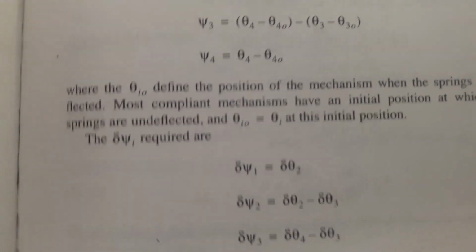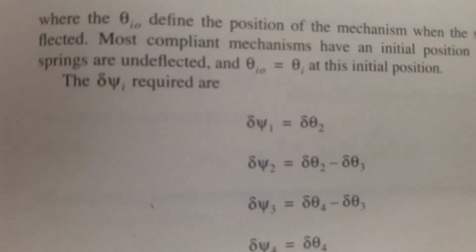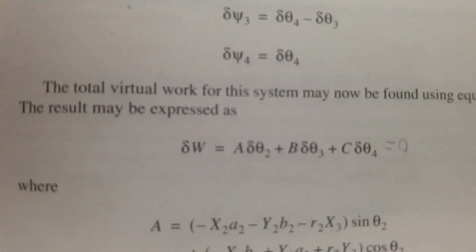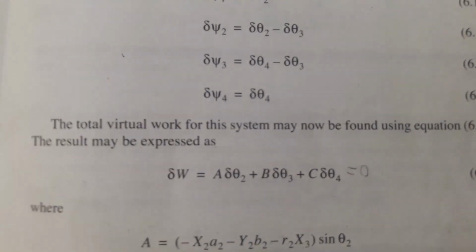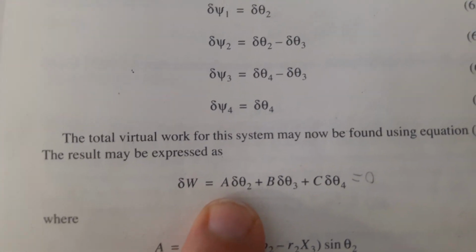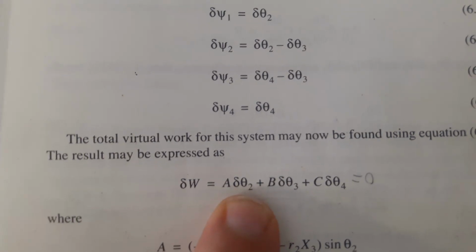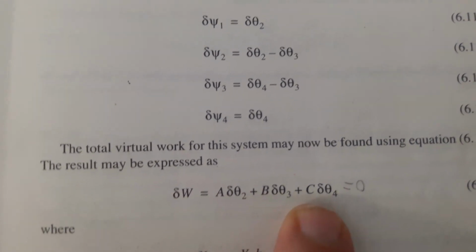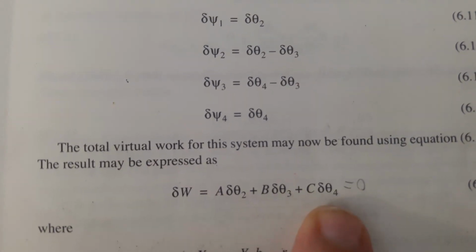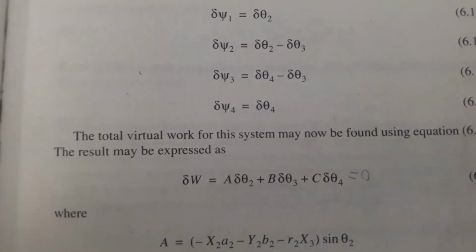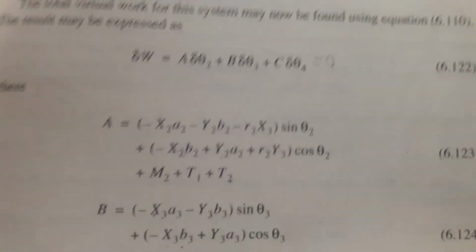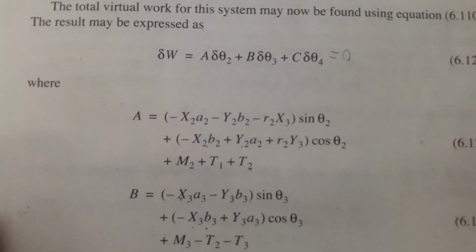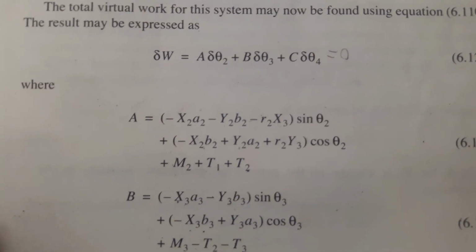Okay. Now, what happens when we line all these up and do our virtual work expressions and plug everything in? You'll have some terms that go with the change in angle theta 2, some terms that go with the change in angle theta 3, and some terms that go with the change in angle theta 4. And you can gather up all those terms, and you've got a list here of all the possible ones that you could have.